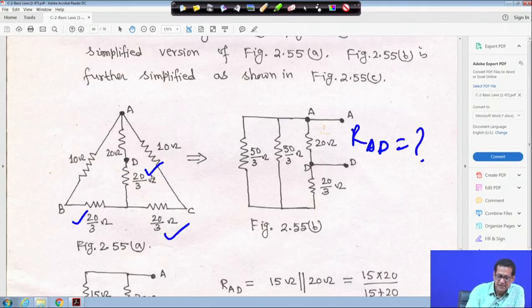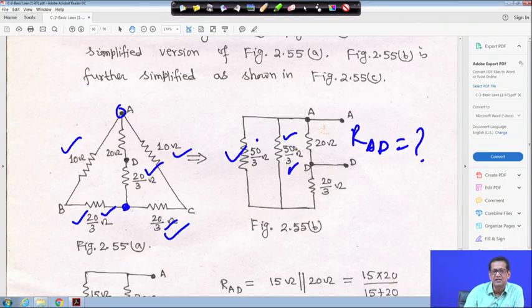So if you look into this, this 10 and 20 by 3 are in series. So 10 plus 20 by 3 is 50 by 3 ohm here, right. Similarly here also 10 and 20 by 3, that is also 50 by 3 ohm, and they are connected across the same terminals.